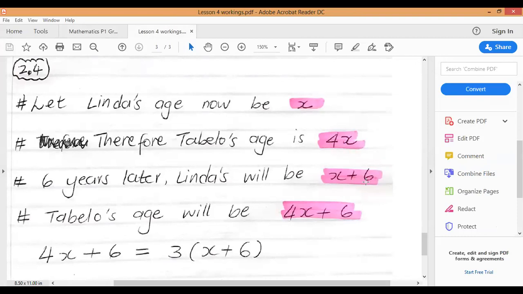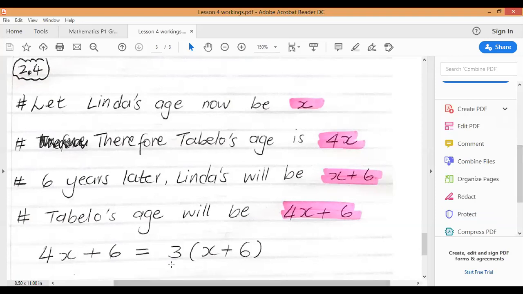Because we said Linda's age is denoted by X, plus the 6 years later. Currently we didn't know what age Linda is.